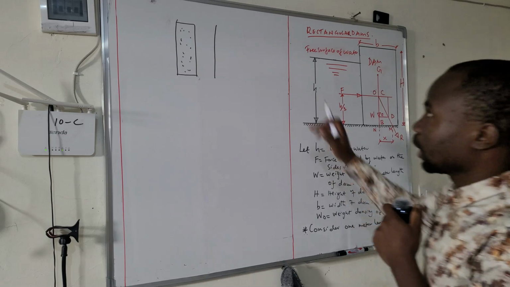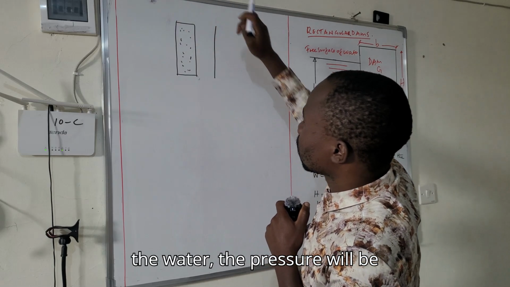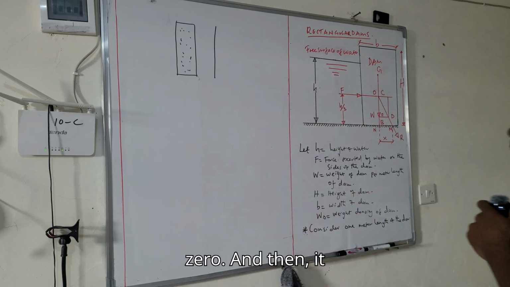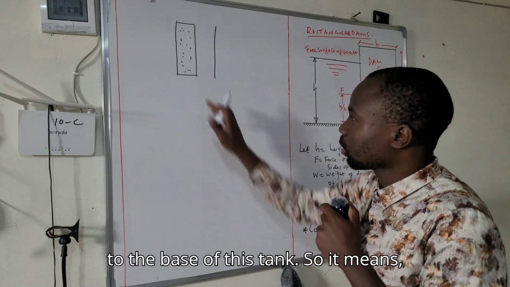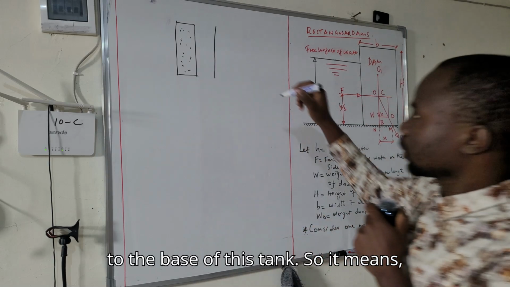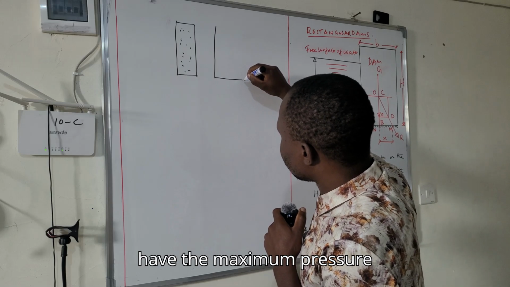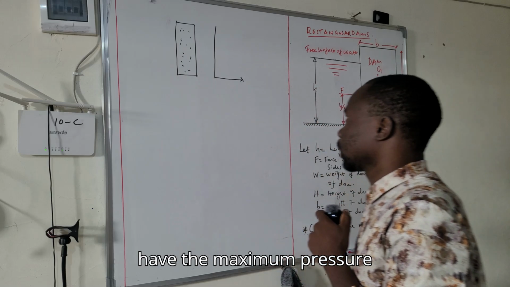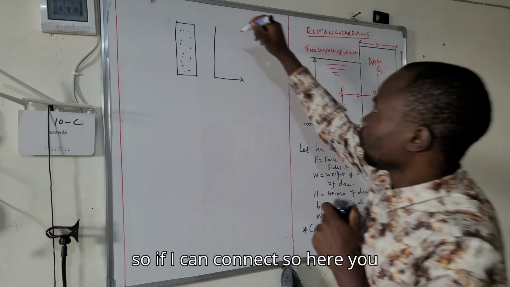It means at the top surface of the water, the pressure will be 0, and then it will keep on increasing as we proceed to the base of this tank. So at the base of this tank, we'll have the maximum pressure. So here we have 0 pressure.